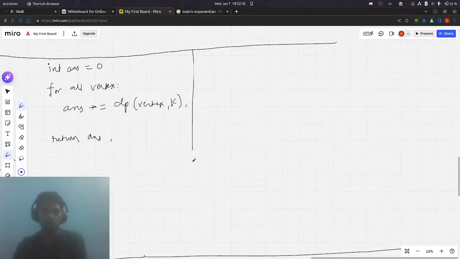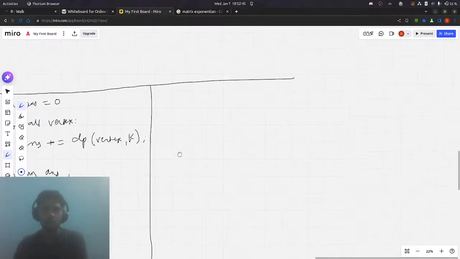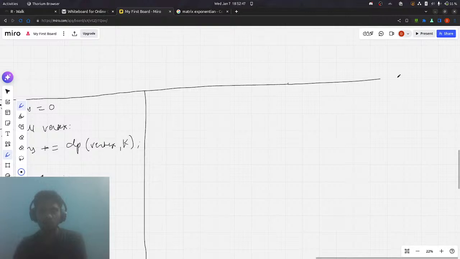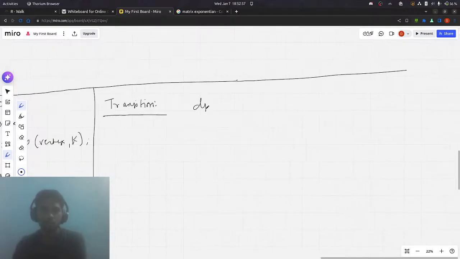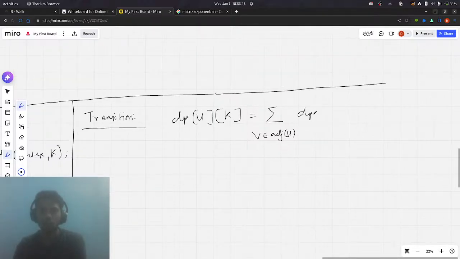The transition we have now is basically dp u k is the summation of v belonging to adjacency of u, dp v k.